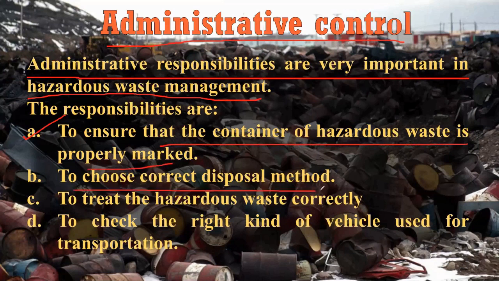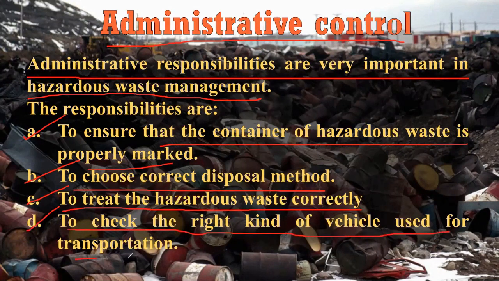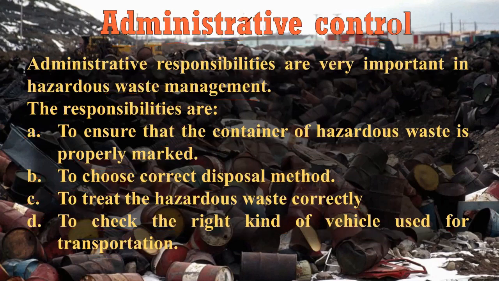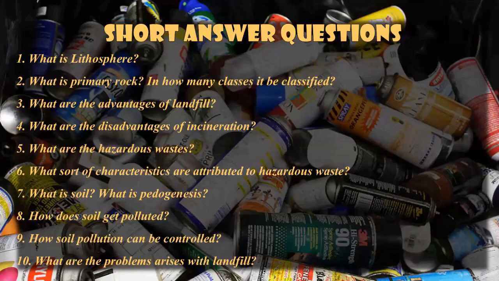Also, to choose the correct disposal method, to treat the hazardous waste correctly, and to check the right kind of vehicle used for transportation. So number one, proper marking should be there, proper disposal method should be there, proper treatment should be there, and proper transportation should be there. So these four things are very, very important whenever we are dealing with hazardous waste, right?